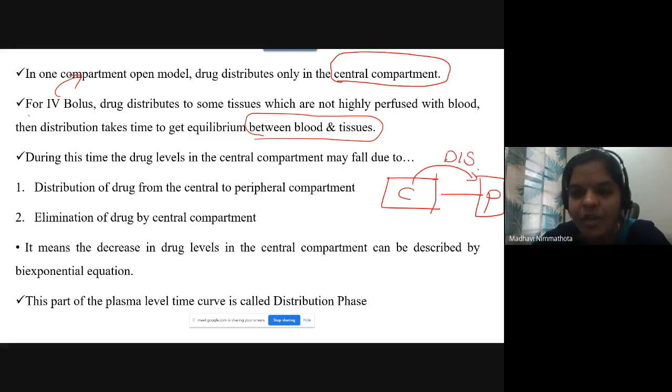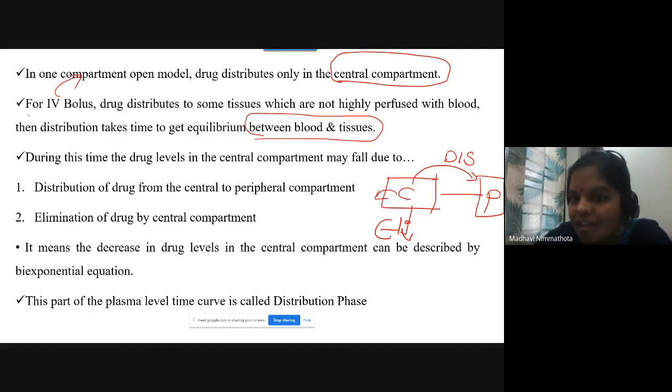That is nothing but your drug distribution, and elimination of drug from the central compartment. Okay, so the drug is distributed from the central to the peripheral. Then there is no drug here. So there is a decline of plasma drug concentration in the central, but there is an increase of plasma drug concentration in the peripheral. Why?